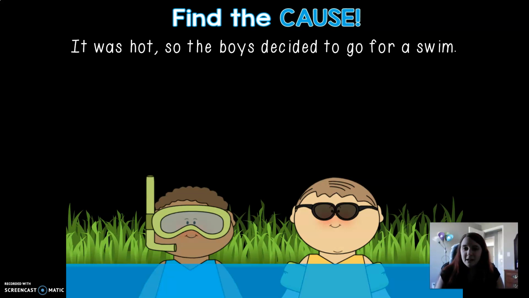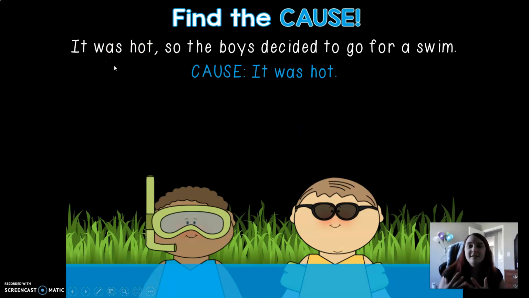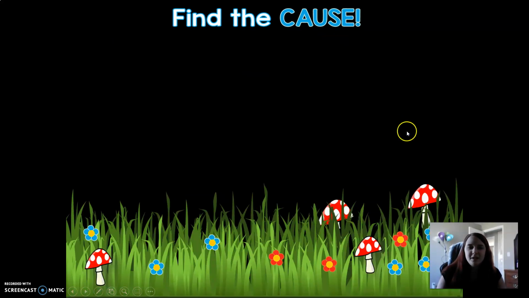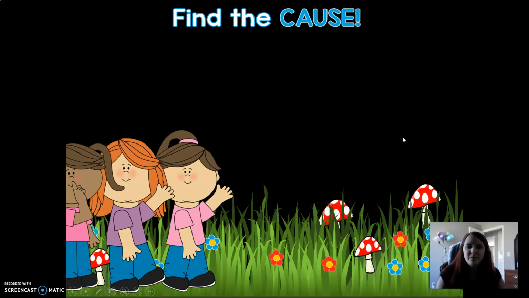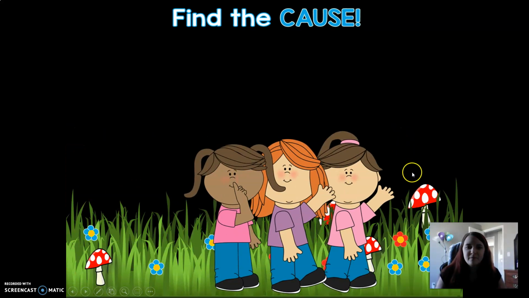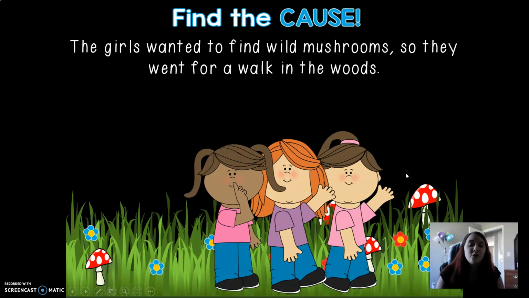Let's see if you got it. It is hot. The reason the boys wanted to go for a swim was because it was hot. Let's do the next one. The girls wanted to find wild mushrooms, so they went for a walk in the woods.